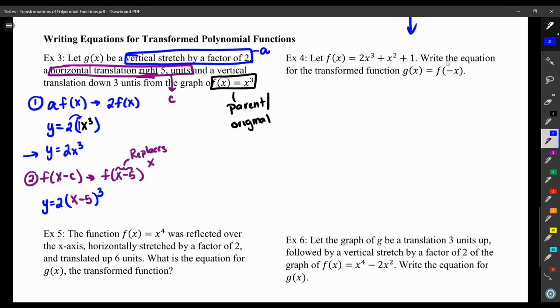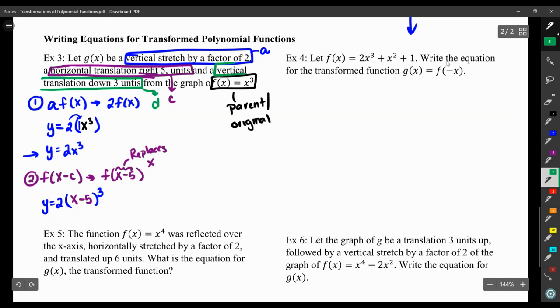Now, x minus 5 to the third is not that easy to simplify, so we're going to leave it just the way it is for now. And the final transformation, it says, is a vertical translation down 3 units. Well, down 3 units is d. So that's the third transformation, f of x plus d. So we are taking the function and adding the d value at the end. So this is going to look like f of x minus 3.